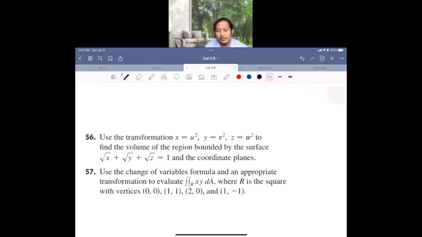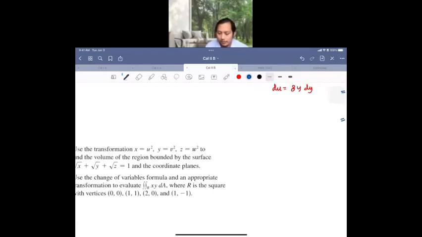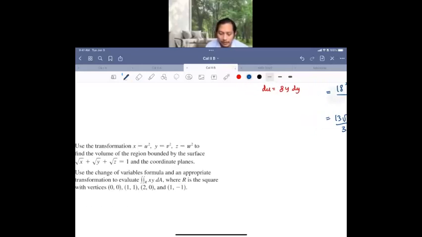So we have three variables, okay, 3 by 3 transformations for Jacobian for this number 56. Okay, so first look up the x. So we could rewrite the Jacobian for x and u, y and v, and z and w.